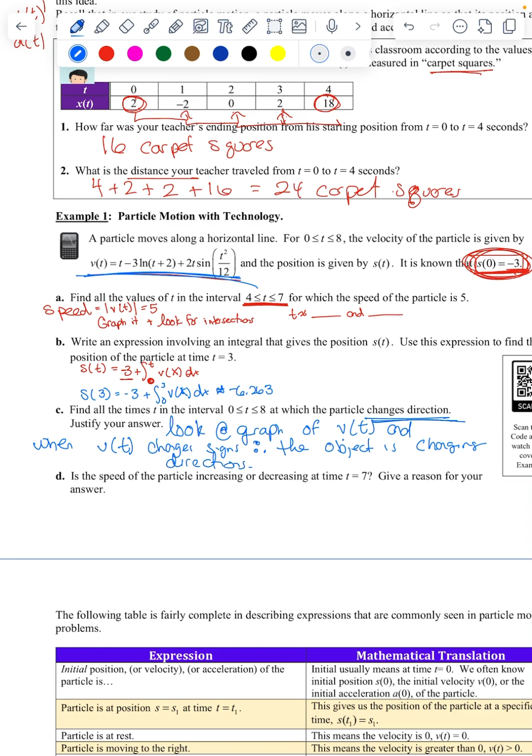So again, graph v of t and look for when does v of t go from negative to positive. Basically, you're solving for the zeros of v of t.